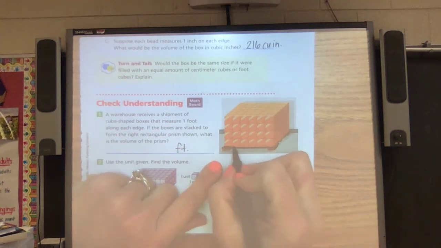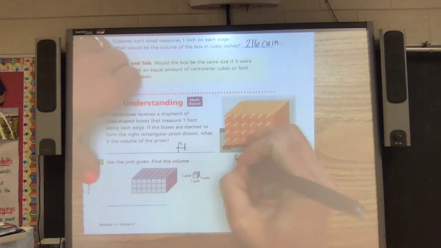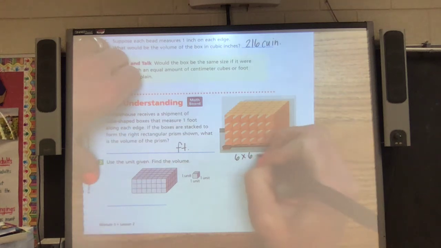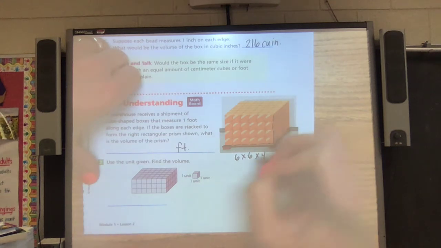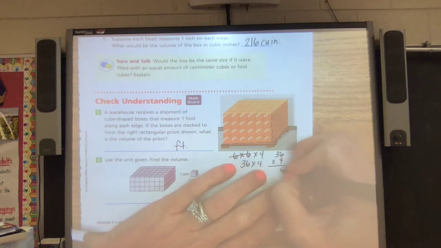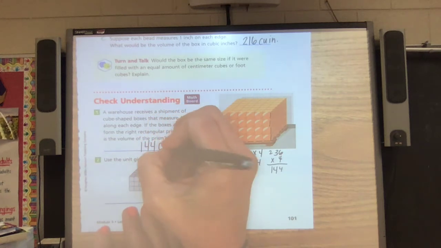So I have 1, 2, 3, 4, 5, 6 units long. 1, 2, 3, 4, 5, 6 units wide. 1, 2, 3, 4 units tall. I know 6 times 6 is 36. I don't know 36 times 4 right off the top of my head. So 4 times 6 is 24. 12, 13, 14. 144 cubic feet.